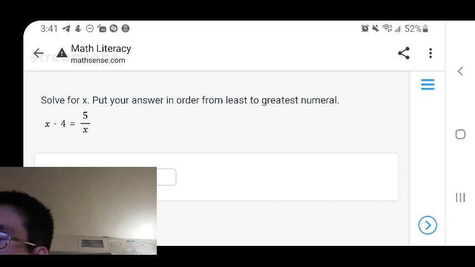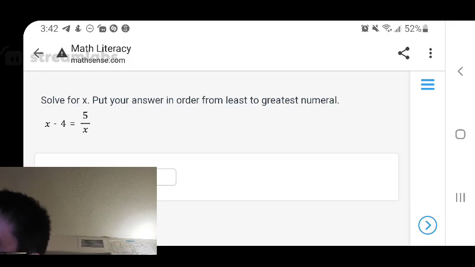What I can do is times both sides by x. So you get x squared minus 4x equals 5. Yeah, that works. 5 over x times x is 5. So you do x squared minus 4x minus 5 equals 0.